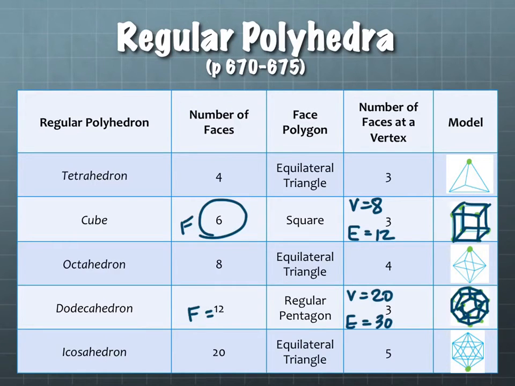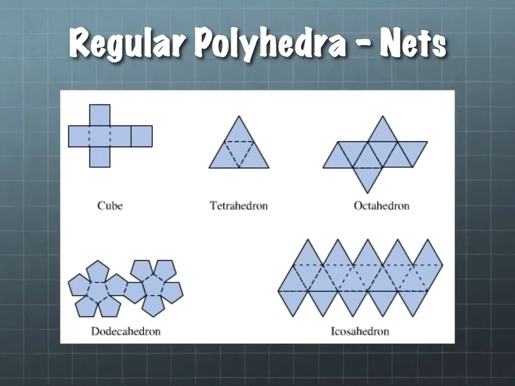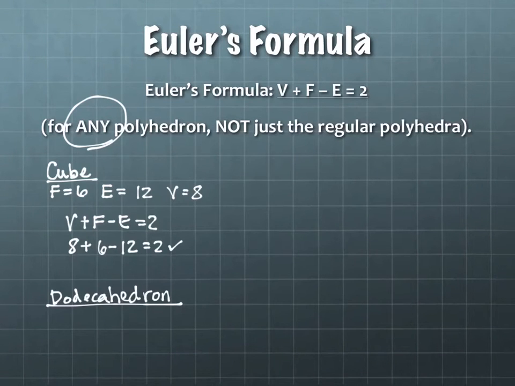There's 30. They're messed up. I should have a shape so you guys can all touch and feel it, but it's 30. So we have 12 faces, edges is 30, and vertices is 20.